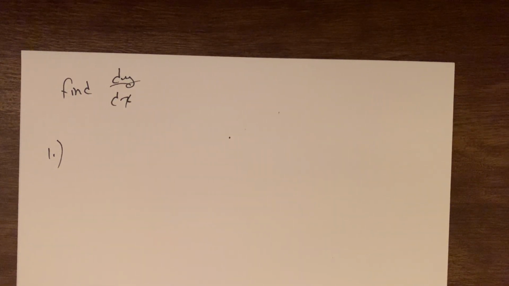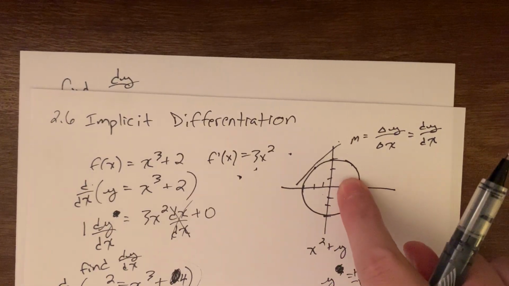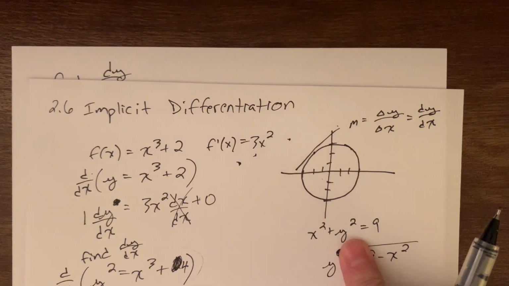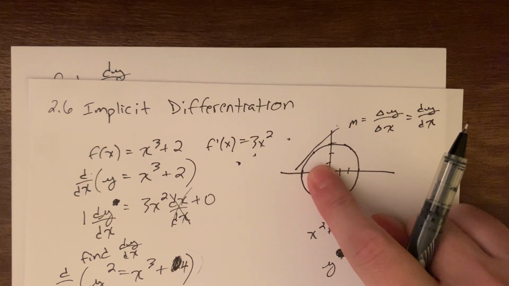I do want to point out very quickly here, the book points out some non-functions. They point out a circle, kind of similar to the way I did here, an equation versus the graph, just not a function, but still legitimate to talk about the slope. They then talk about the curve, the folium of Descartes. It's this special function, x cubed plus y cubed equals something times x times y.